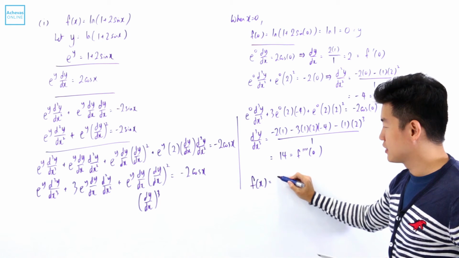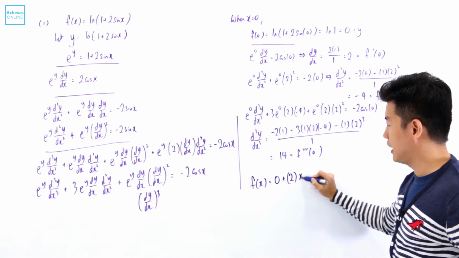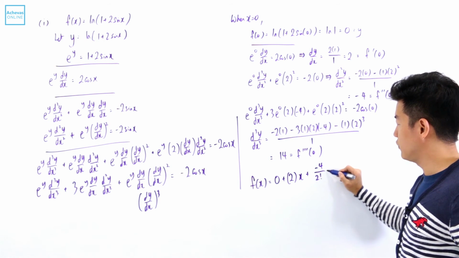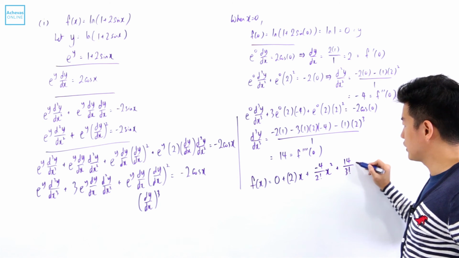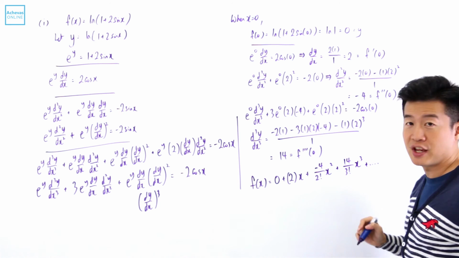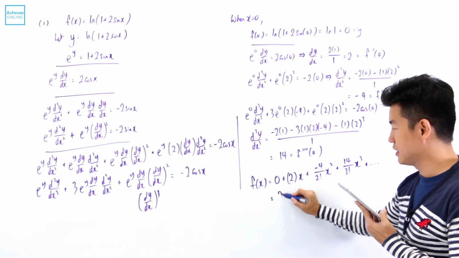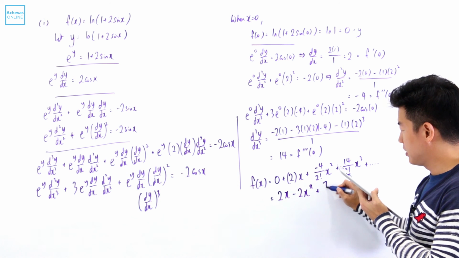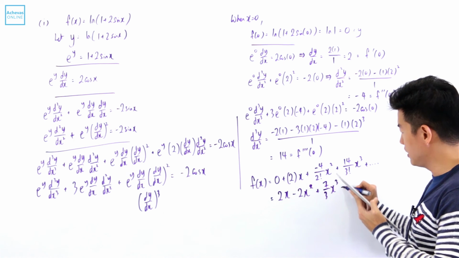So anyway, it is going to be 0 plus 2x plus minus 4 divided by 2 factorial of x squared plus 14 over 3 factorial of x to the power of 3 and so on. These are the first 3 non-zero terms of the Maclaurin's expansion. So it is going to be equal to 2x minus 2x to the power of 2 plus 7/3 x to the power of 3 and so on.